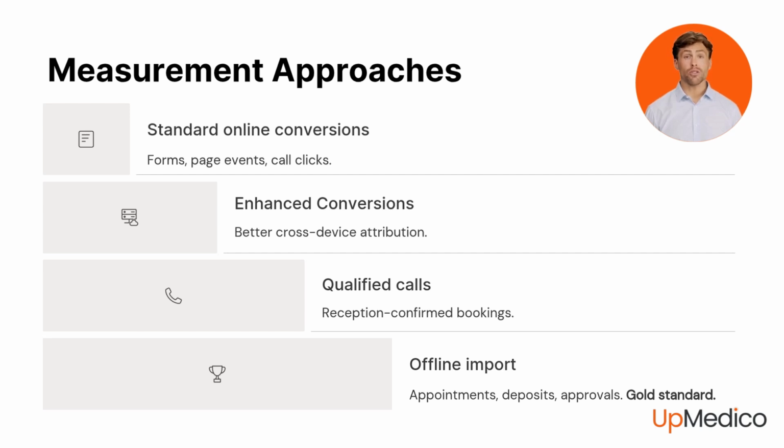Raw call conversions based on duration include noise. Qualified call conversions, classified by your reception team as genuine bookings, are a strong signal. And offline conversion import, tracking attended appointments, treatment deposits, and PMI authorizations, is the gold standard. It is what enables Target ROAS to function as it should, and it gives your reporting a number that actually matters, the real cost of acquiring a patient.